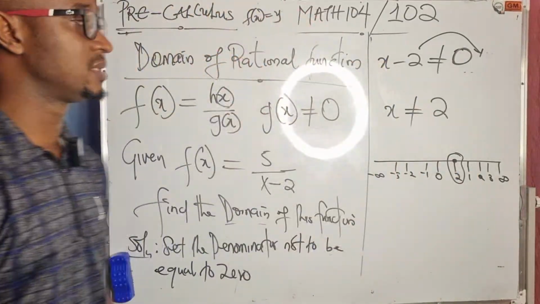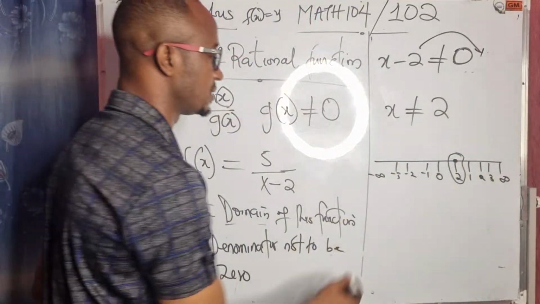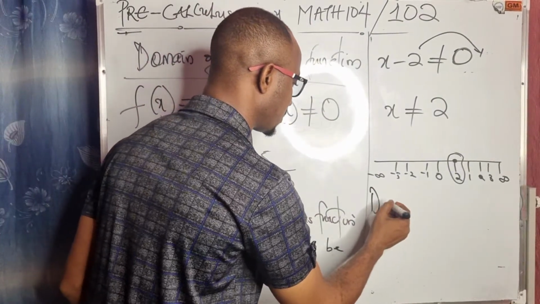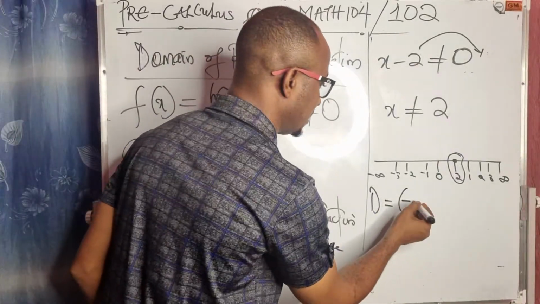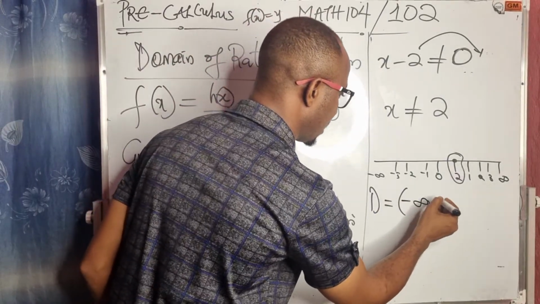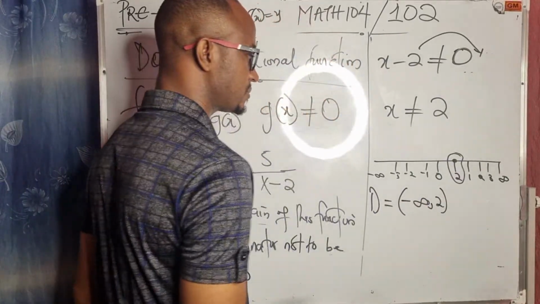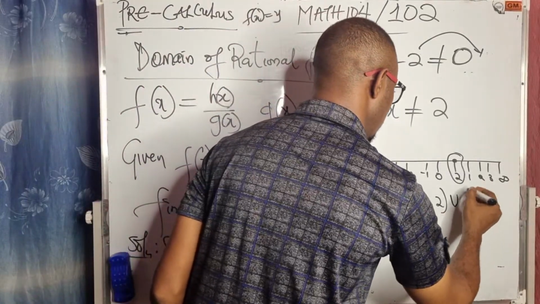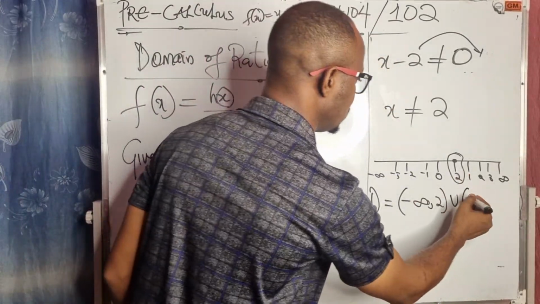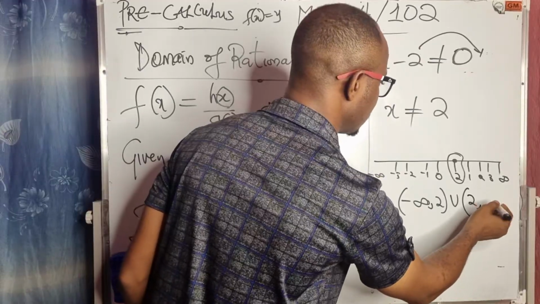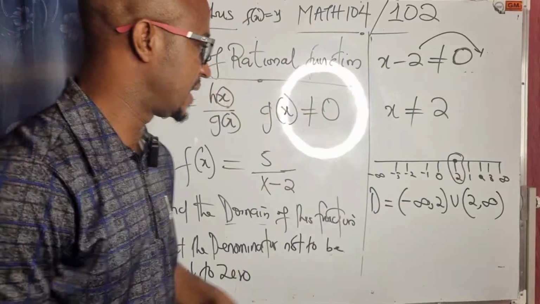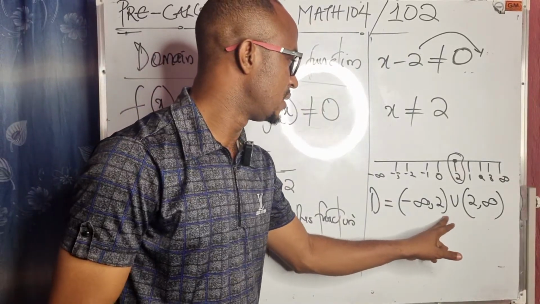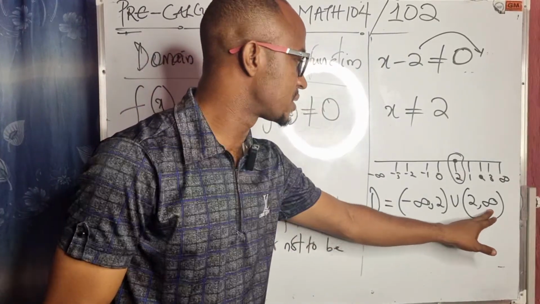So the domain becomes from negative infinity, comma 2, union 2, comma positive infinity.